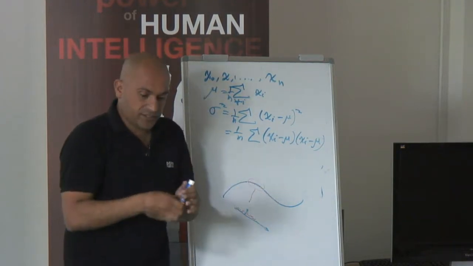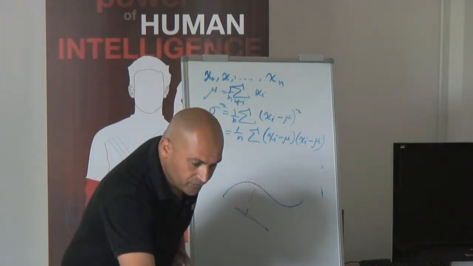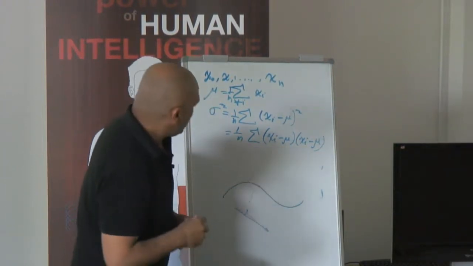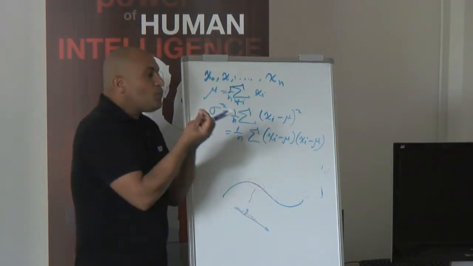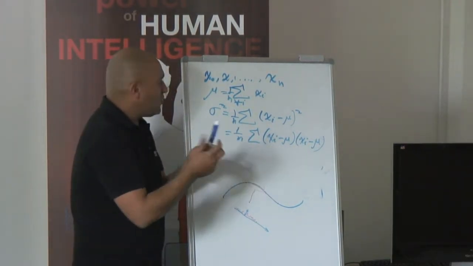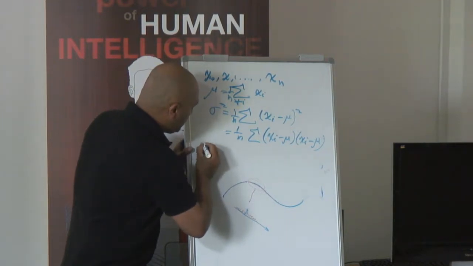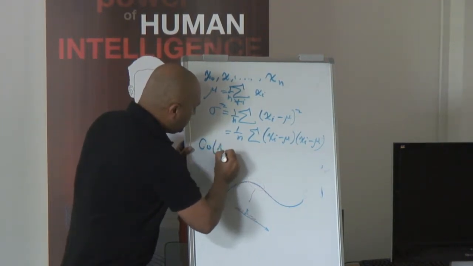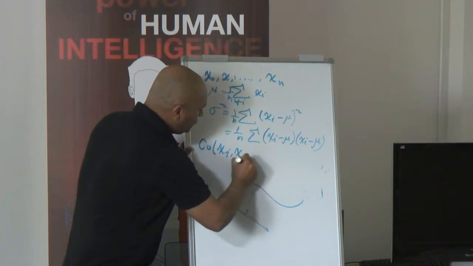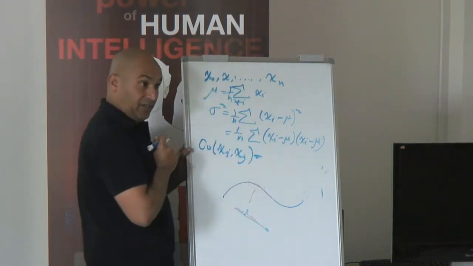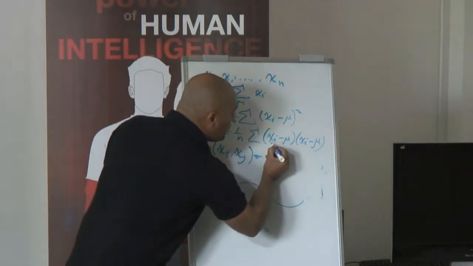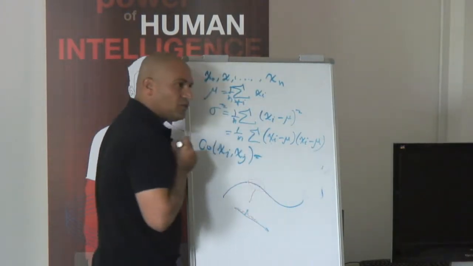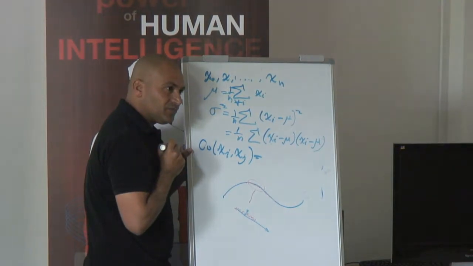Now, a covariance, if you think about this, is between 2 points, x and y. If I want to compute the covariance between points xi and xj, it's pretty much the same, but instead of computing between xi and xi, we compute between xi and xj.